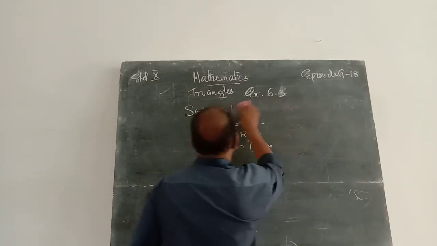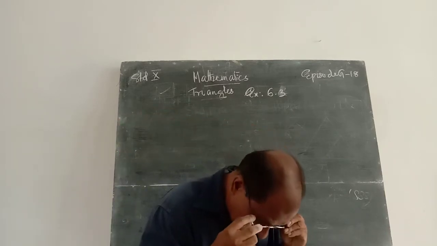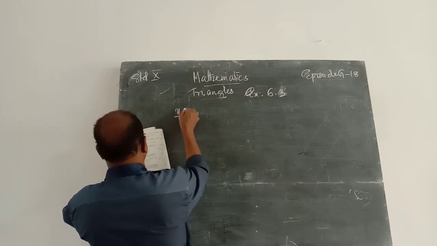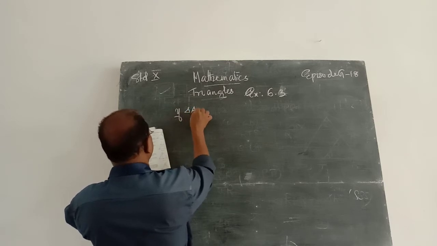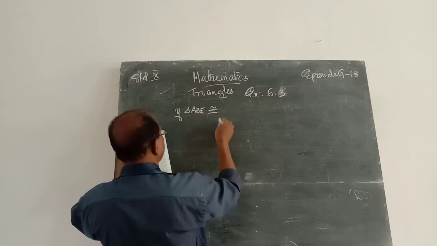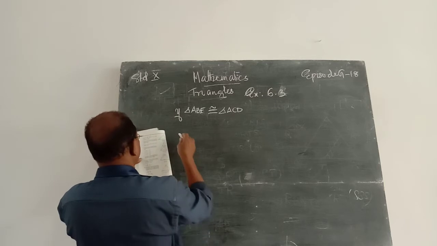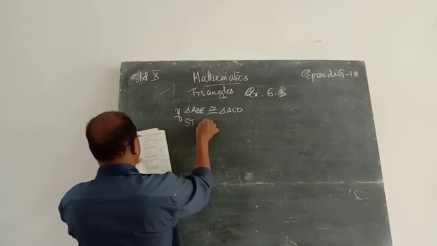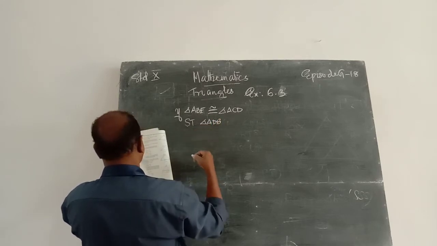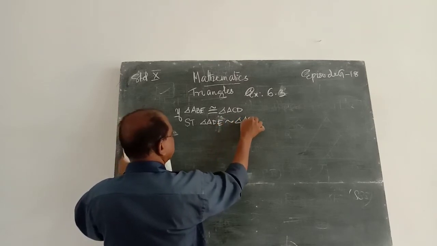Then the next question, that is the sixth question. If triangle ABE is congruent to triangle ACD, show that triangle ADB is similar to triangle ABC.